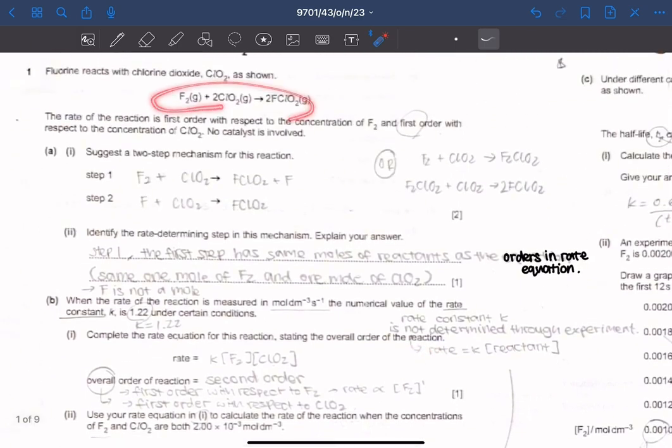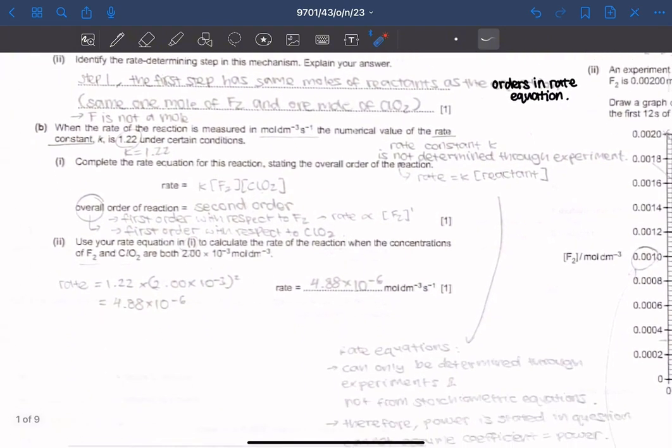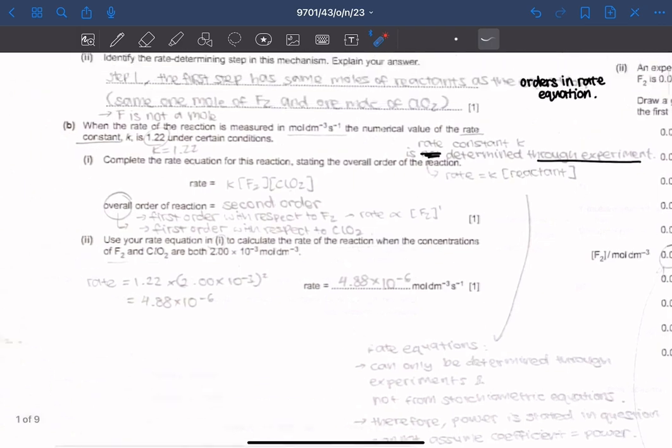So, in this equation, there's actually a coefficient of 2 in front of the ClO2, and usually you would write a power of 2 in here, but in this case you should not, because the rate equation is actually determined through experiment, and therefore rate is equal to k multiplied by the reactants. And then we can see here that the rate equation can only be determined through experiments and not from the stoichiometric equations or the coefficients of the chemical equation.